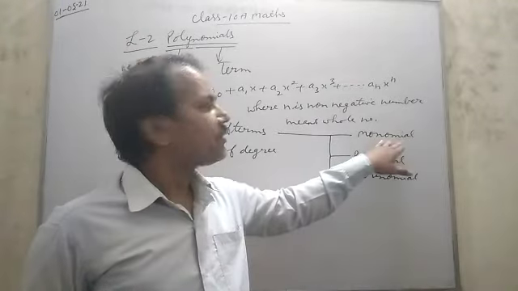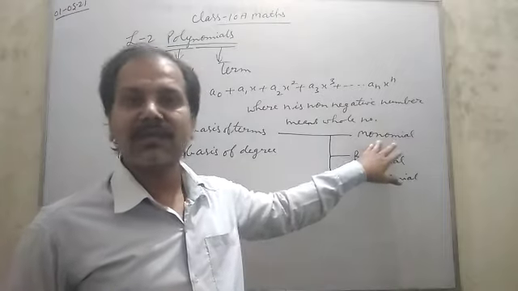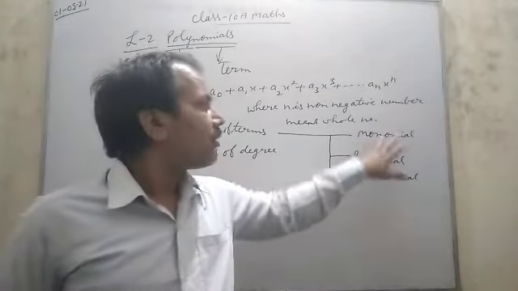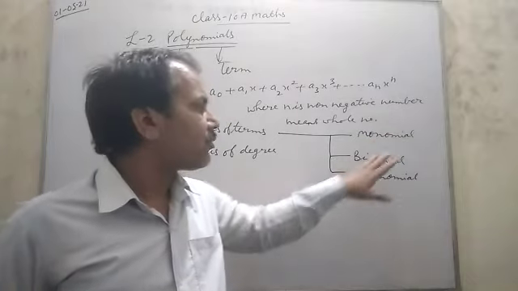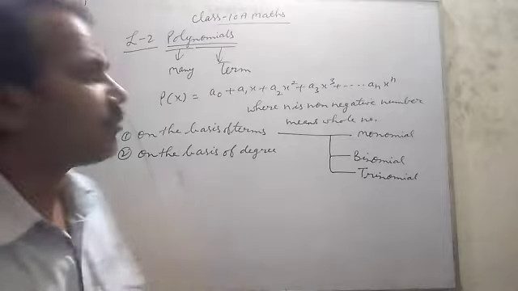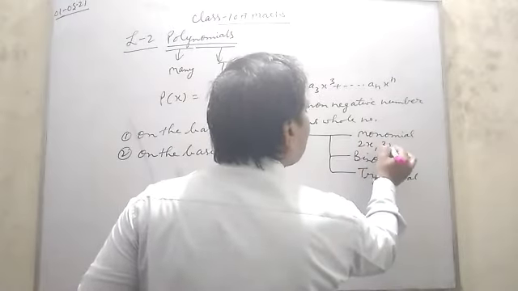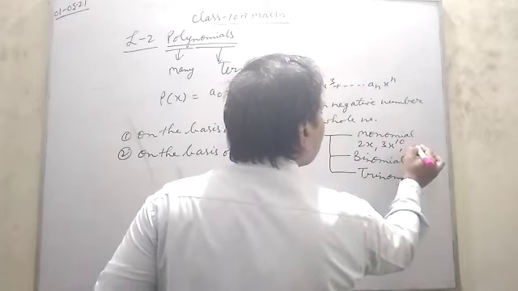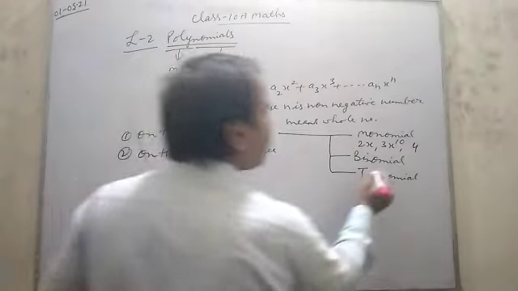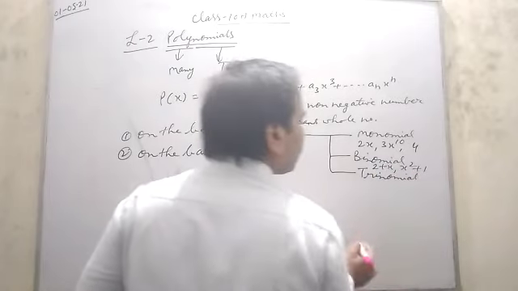Monomial means only one term. Mono means one, nomial means term, one term. Bi means two. So one term is monomial, two terms is binomial, three terms is trinomial. Examples of monomial: 2x, 3x power 10, 4. Binomial: 2 plus x, x square plus 1.